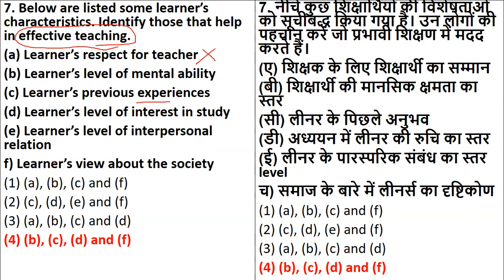Now, see, it is not a part of effective teaching; your interpersonal relationship will not help you to understand, or to bring you as an effective learner, definitely not. Learners' view about the society, yes, it will definitely impact that education will have a positive impact on his or her society. So that is really important. So option number B, C, D, E really matters a lot when it comes to effective teaching, right?